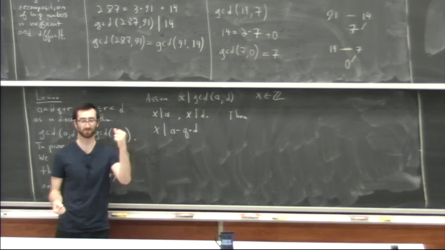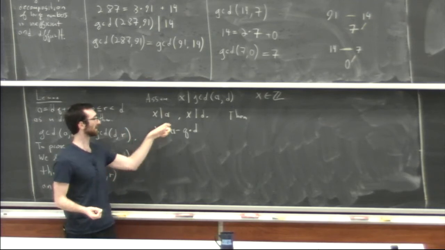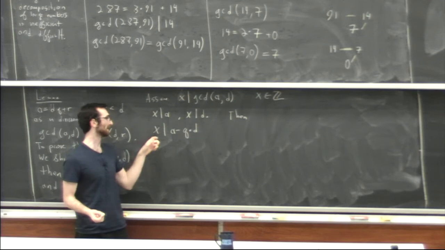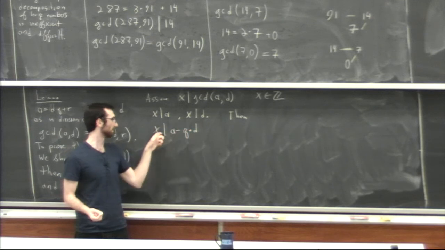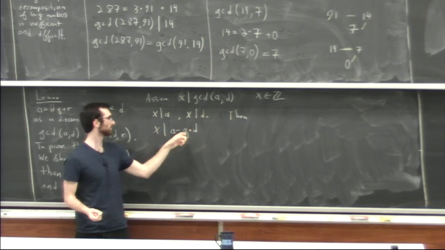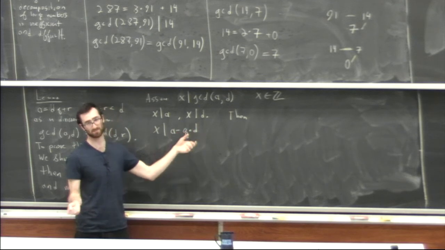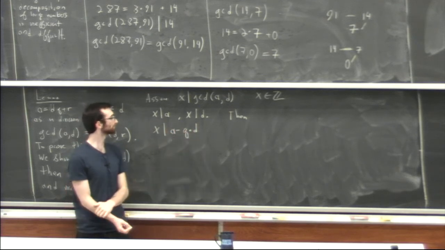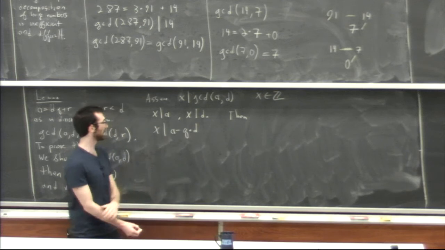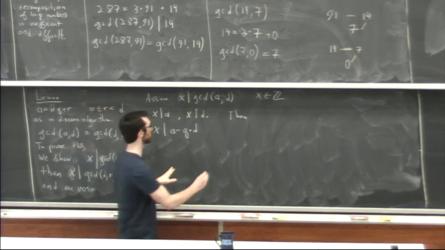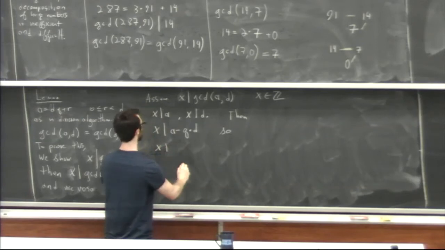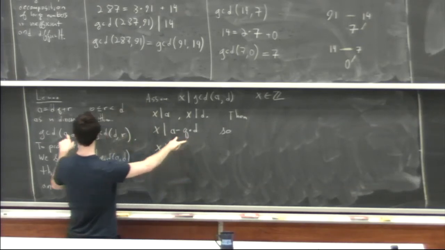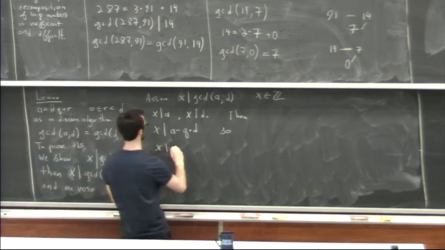If I have X dividing one number and X dividing another number, then it divides sums of those numbers, and if X divides D, then it divides any integer times D, and then it divides this sum. Then X divides A minus Q times D. So X divides, well, what is A minus Q times D? It's exactly R.